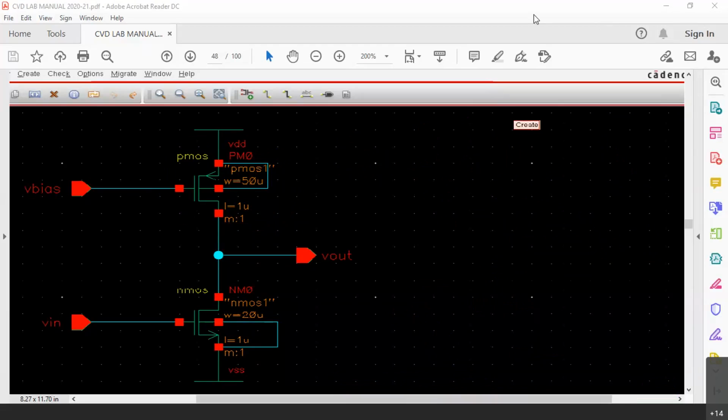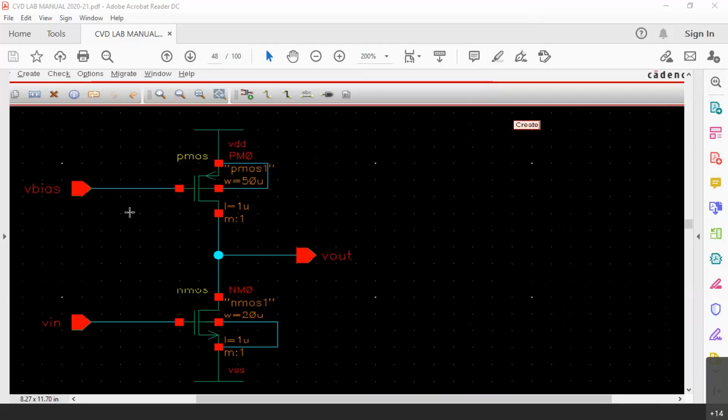Now, I have told you all the basics. Why we need V bias, I have told. Why we are replacing resistor with the P Mosfet, I have told. Now the last question is, why P Mosfet? Why not N Mosfet? Because N Mos also works in the linear region, right? Why don't we connect one N Mosfet here?